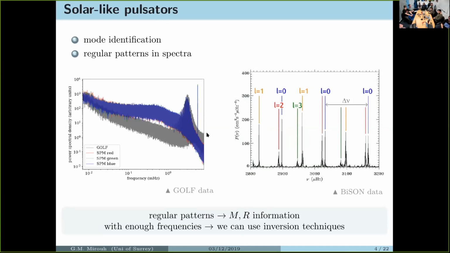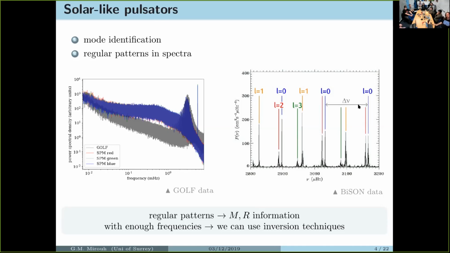On the other hand, when you zoom on this plot, you find what you have on the right. What you have on the right here is the spectrum of the sun still zoomed in, and you can identify each peak. And we identified the peaks that have L equals 0, 1, 2, 3 here. And what you're supposed to see is that they make this comb that is nicely, regularly spaced. From this, you derive this quantity here, delta nu.